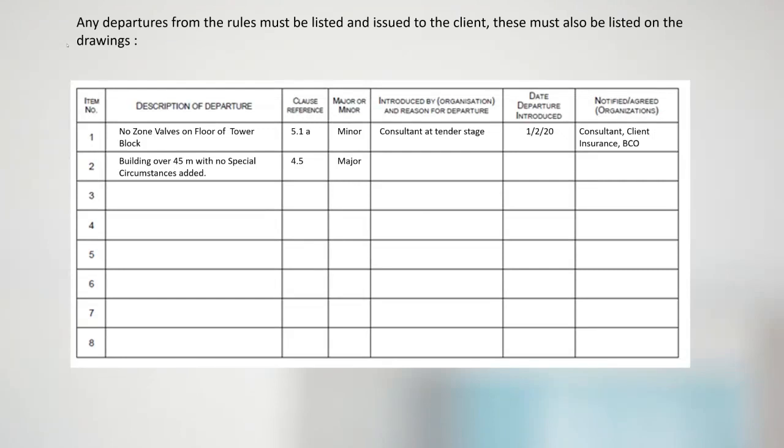So buildings over 45 metres would require multi-stage pumps, etc. It's known as a high-rise building. Introduced by the consultant at tender stage. That's the date. And in that instance, consultant, client, insurance, building control officer, and possibly God. So we would look for that to be engraved in a brass plaque so we could put it on the wall to make sure that we're keeping ourselves right.